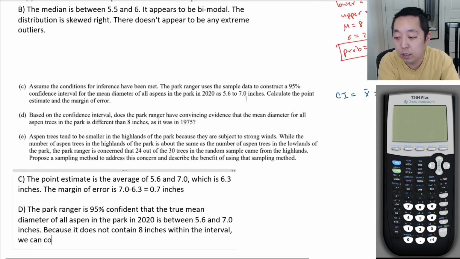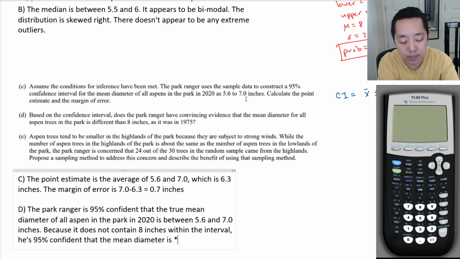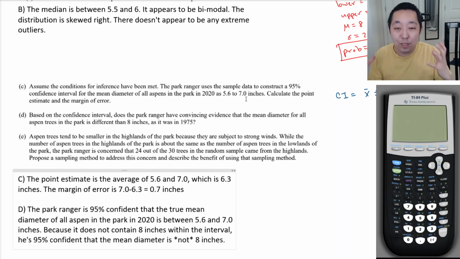We can conclude then basically what we're saying is he's 95% confident that the true mean diameter is not 8 inches. Right? Because if we're 95% confident that the true mean lies between 5.6 and 7, that means we're 95% confident it doesn't contain 8, right? 8 is not within that interval.